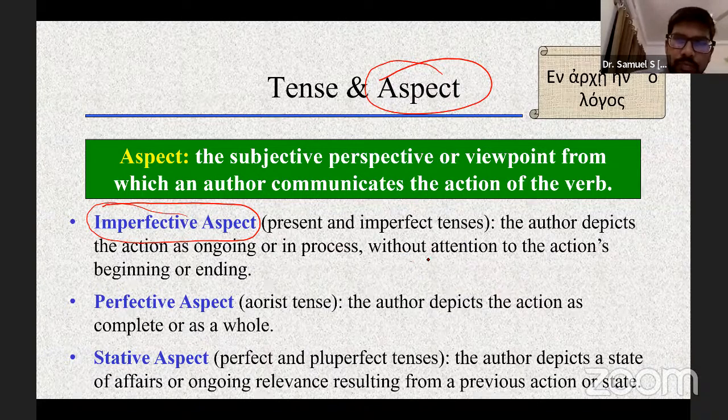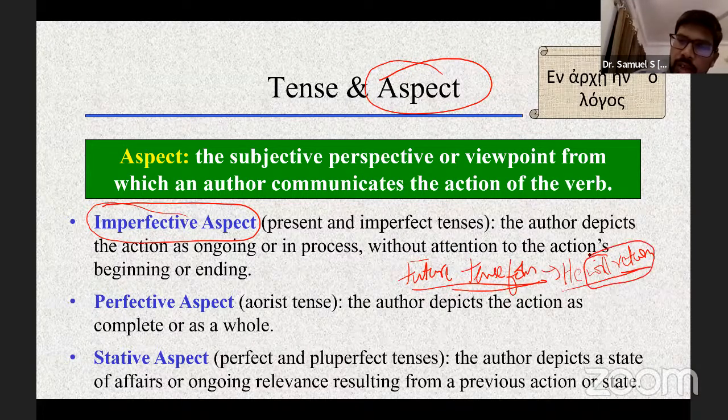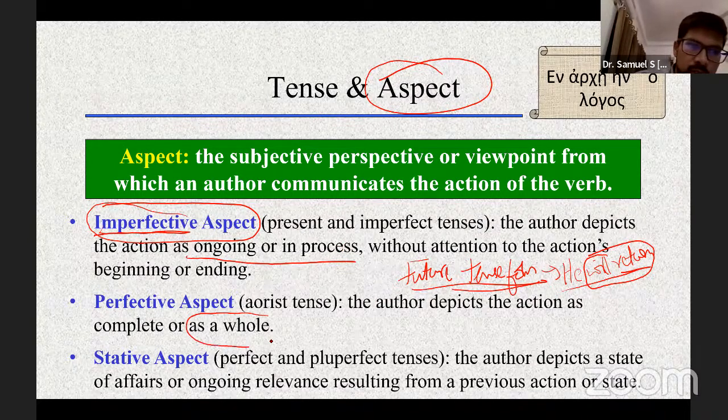So in the future tense form, if you see some verb that says he will return, this is in the future tense form. Now, is this returning in the imperfective aspect where the action is ongoing or unfolding? Or is it action as a whole? Or is it ongoing relevance?